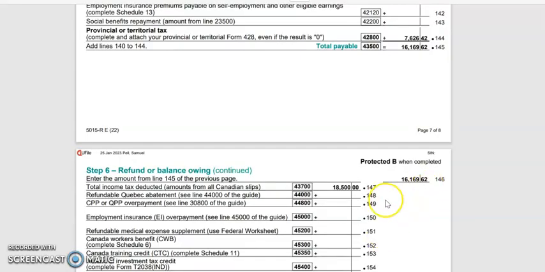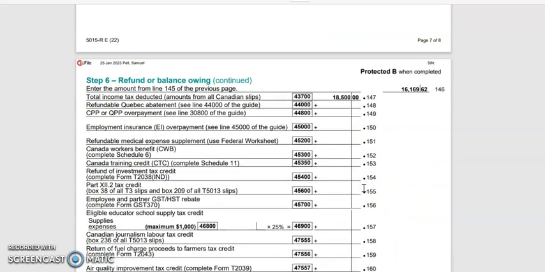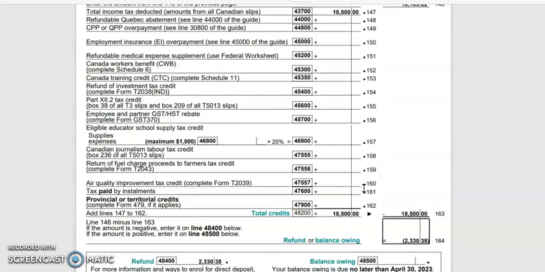So that's the amount that we're putting here. We don't have any overpayments of CPP or EI or refundable medical expenses. None of that qualifies. So we've got total credits of $18,500 carried over so that it shows in this column.